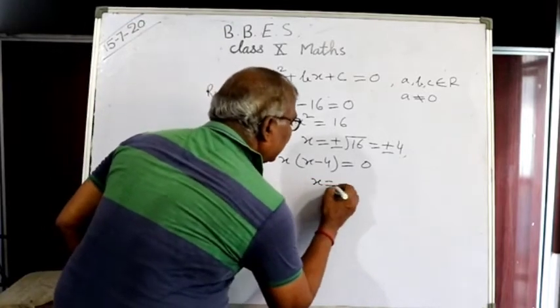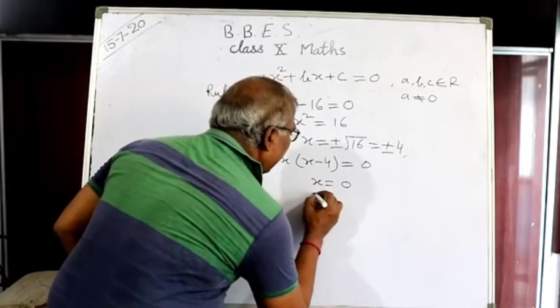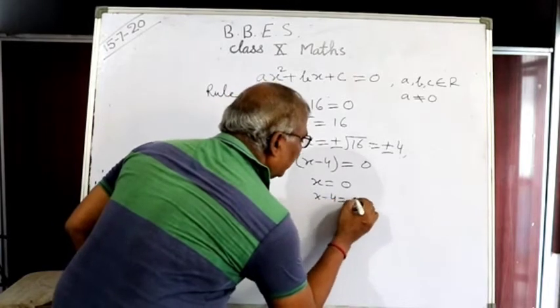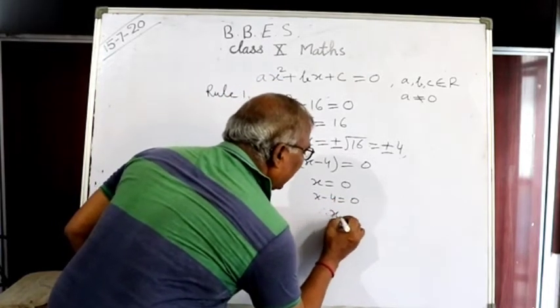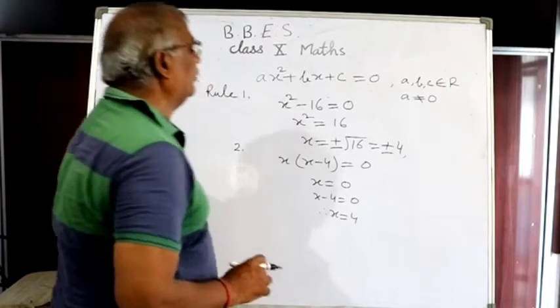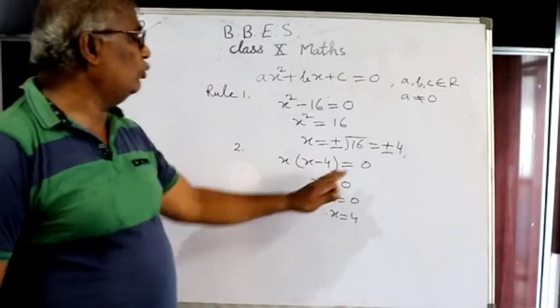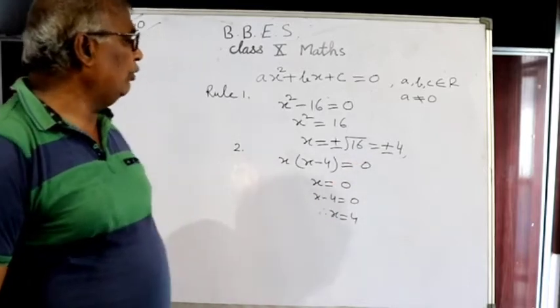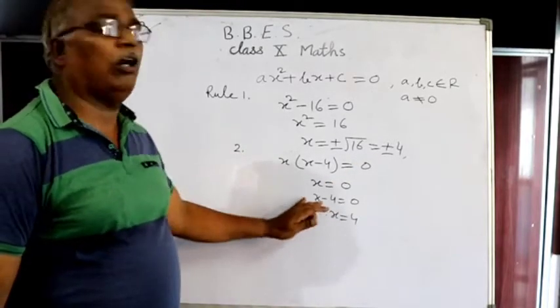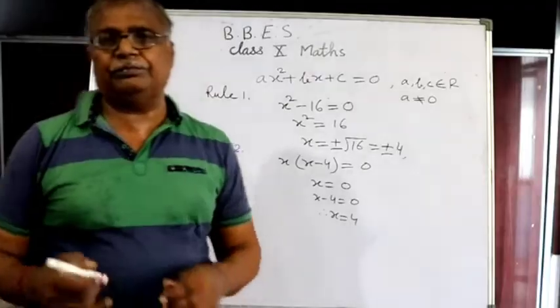First, x is equal to 0. Second, x minus 4 is equal to 0. Therefore, x is equal to 4. This is rule second. If the product of two factors is equal to 0, then one is equal to 0 or the other is equal to 0.